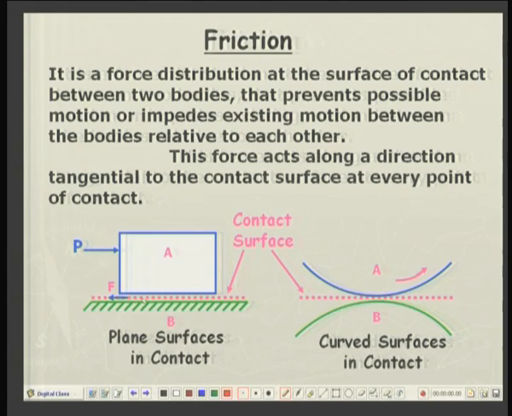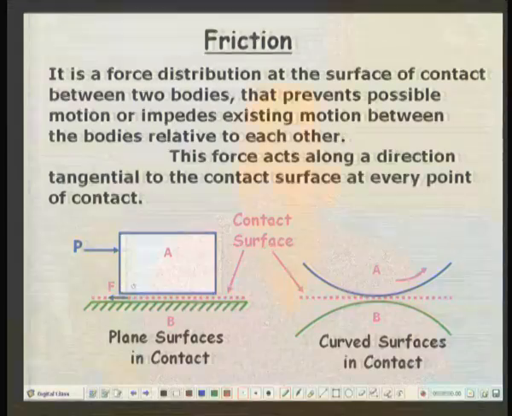This dotted pink line shows the plane of contact. Now, if I try to move the box towards right, then the force of friction will be opposing that motion, and this force will be developed which will try to impede that motion, and hence this force will be acting towards left. So, it is a resisting force.